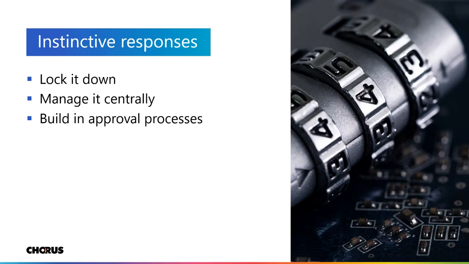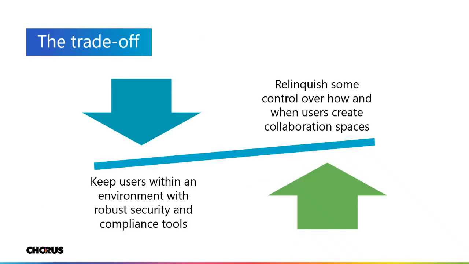It's also not particularly effective. Your central IT team isn't really in the right place to try and predict collaboration requirements or dictate working practices to the organization. So the trade-off is this. Any of you that have been to our events in various places will know this is one of my favorite slides.